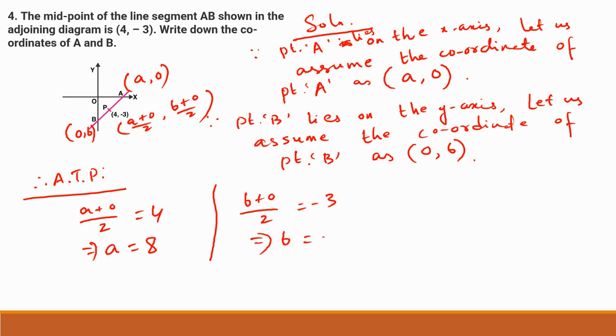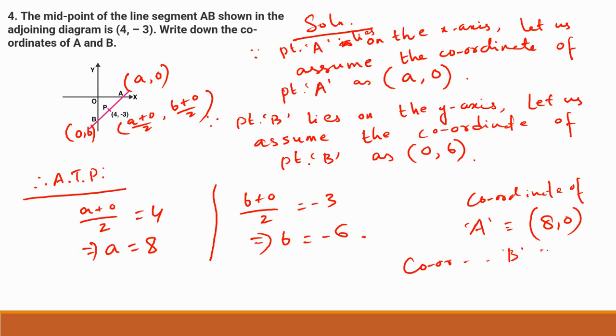So b equals minus 6. So the coordinates of A will be (8, 0) and the coordinates of B will be (0, minus 6).